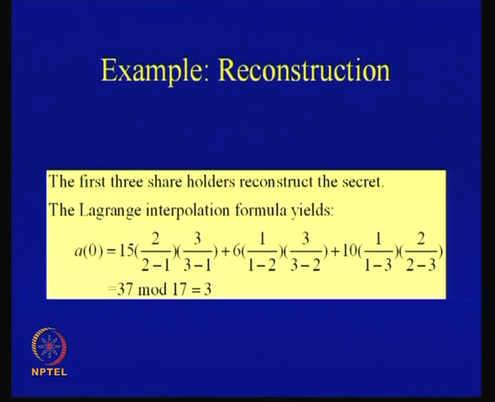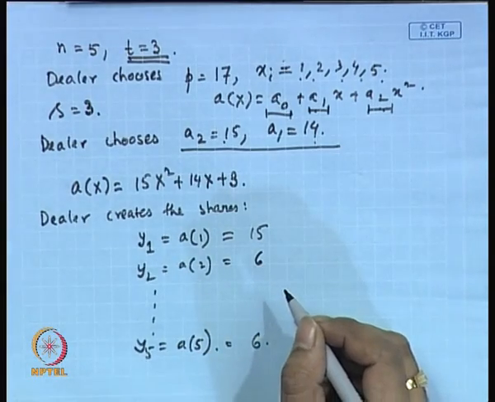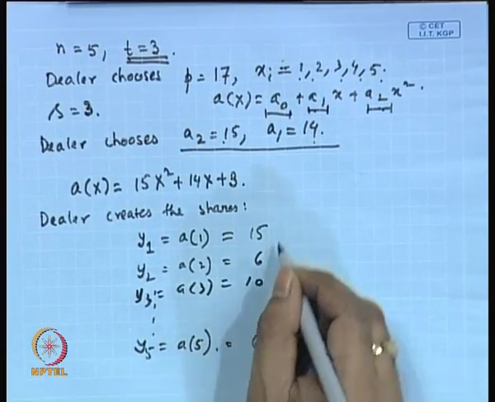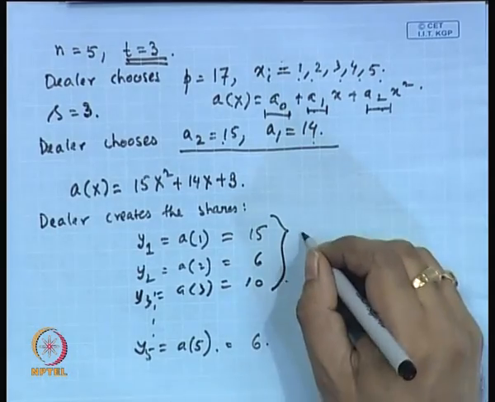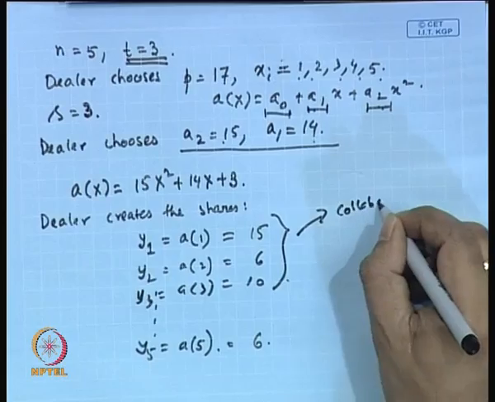In that case, they will apply the Lagrange's interpolation formula. The first 3 members' shares were 15, 6 and 10 which are revealed and given to the collaborating parties.